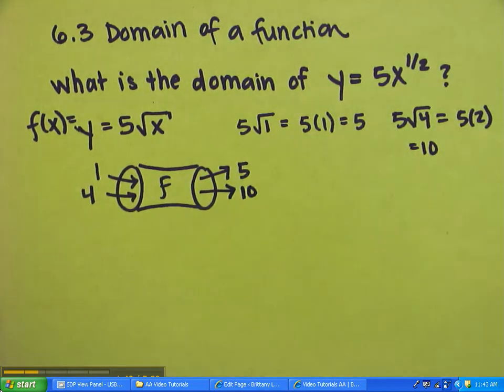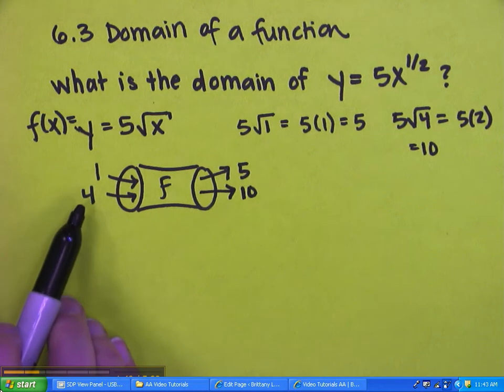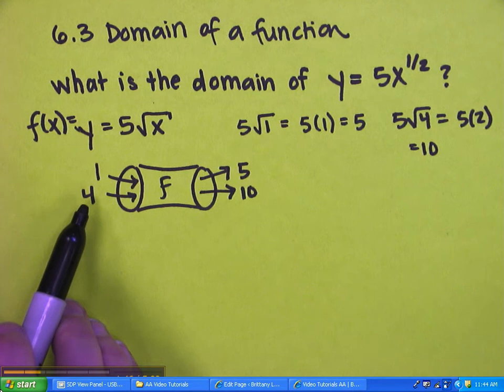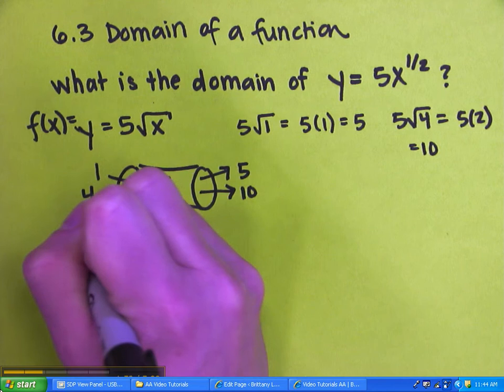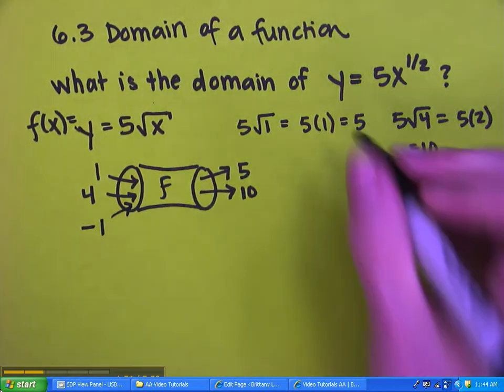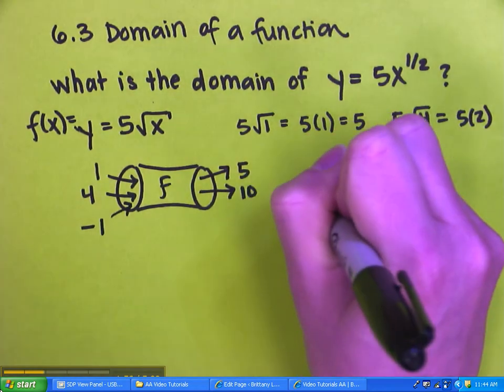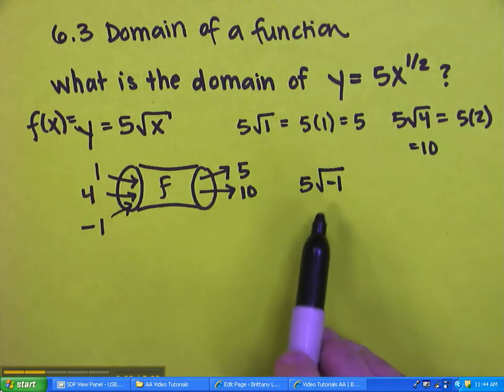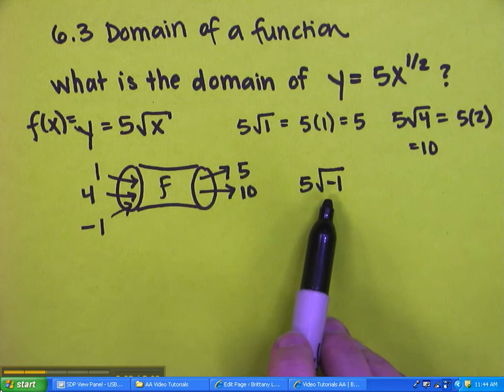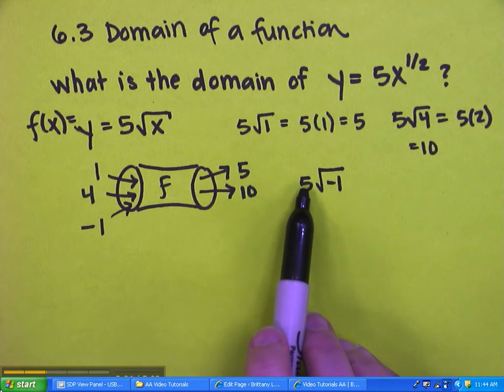That means that 1 and 4 are elements of the domain. Now let's think of a number that we can't take the square root of, or at least not get a real number. If I tried to plug -1 into this function, I would take 5 times the square root of -1. Now we know from earlier in advanced algebra that this is going to give us an imaginary number, but it doesn't in fact give us a real answer.